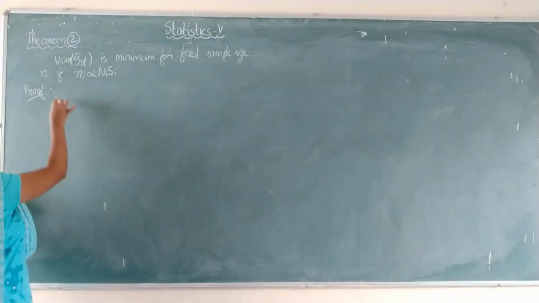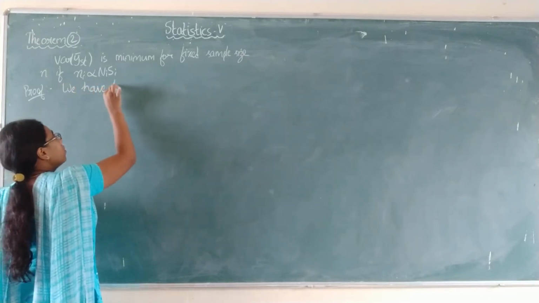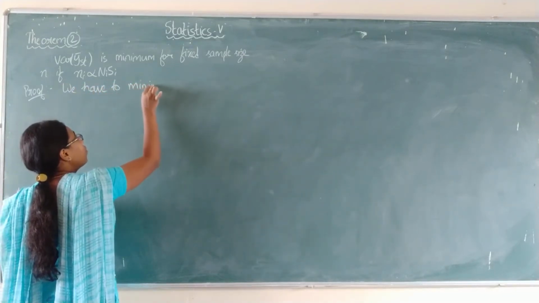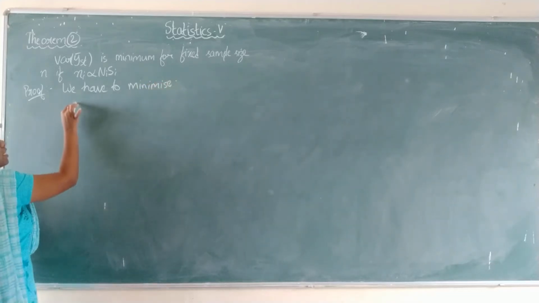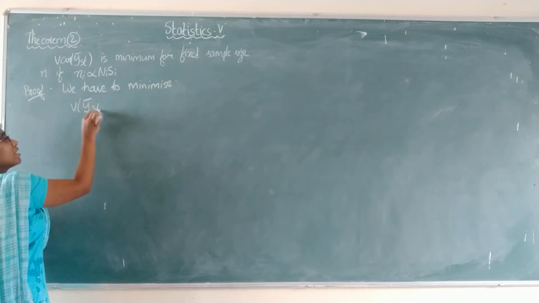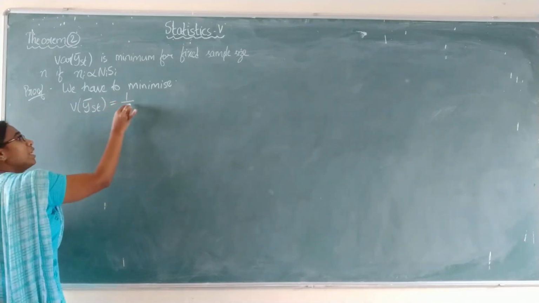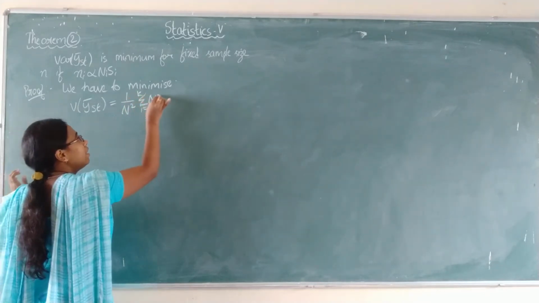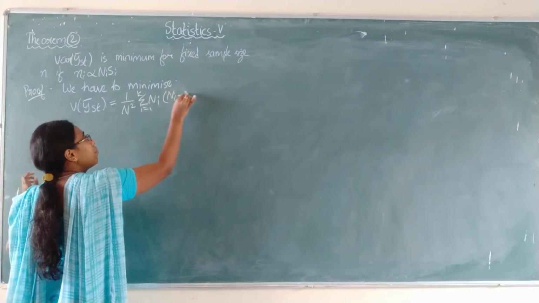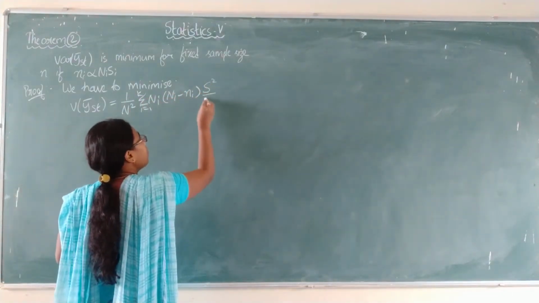Now coming to the proof, we have to minimize the variance of y bar st. So what is the variance of y bar st? Write down that formula: variance of y bar st equals 1 by n square, summation i equals 1 to k, capital Ni into capital Ni minus small ni into Si square by ni.